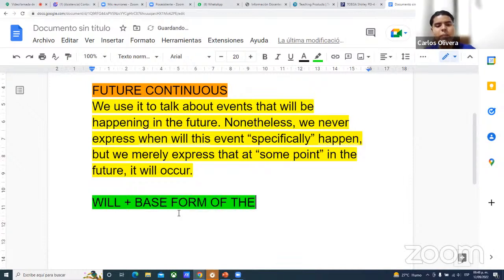Remember that when we say the base form of the verb, we basically mean that we are not using the infinitive, right? We are not going to use to play, to dance, to sing. We just use the base form, play, sing, without the to prefacing it. Will be plus the gerund.